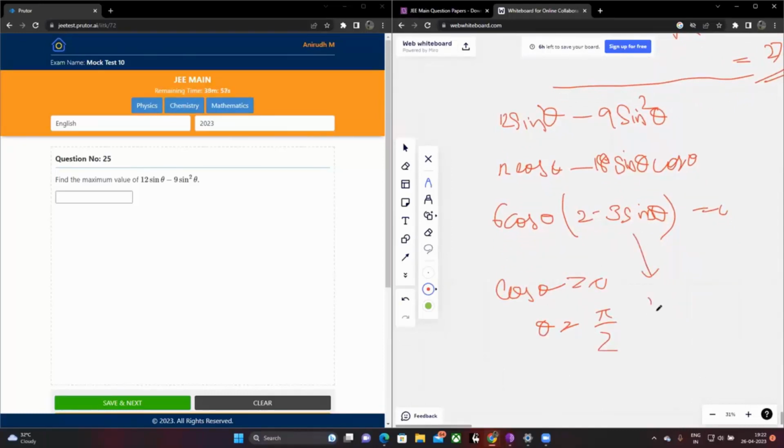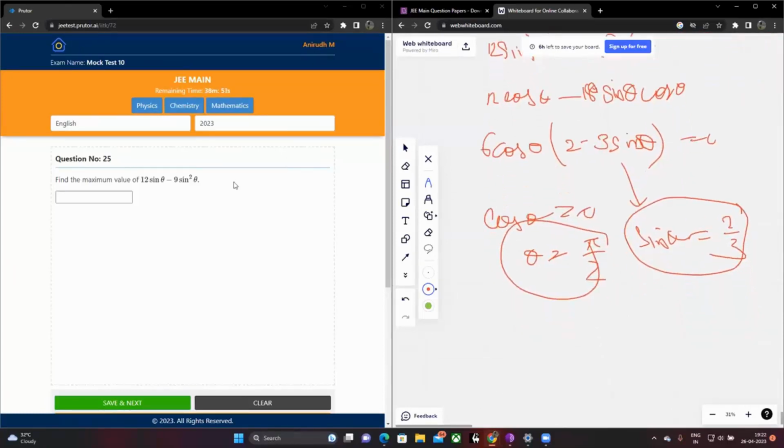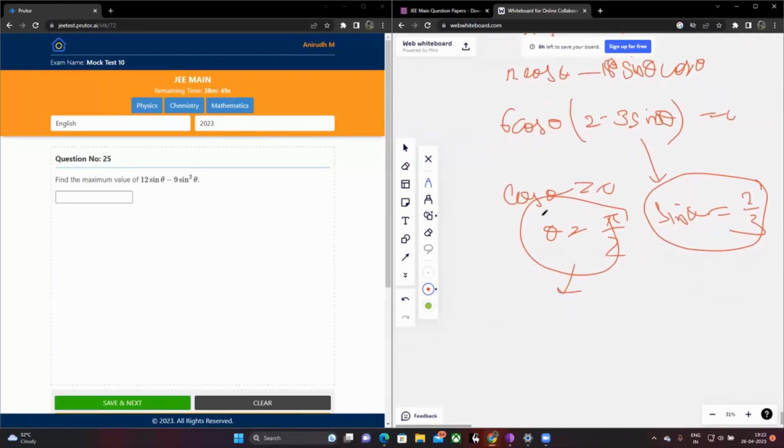Or this sin theta has 2 possible values, right? If theta is pi by 2, the value of this expression is basically 12 minus 9, that is 3. Wait, it is pi by 2, or theta equals 3 pi by 2. I shouldn't forget that.